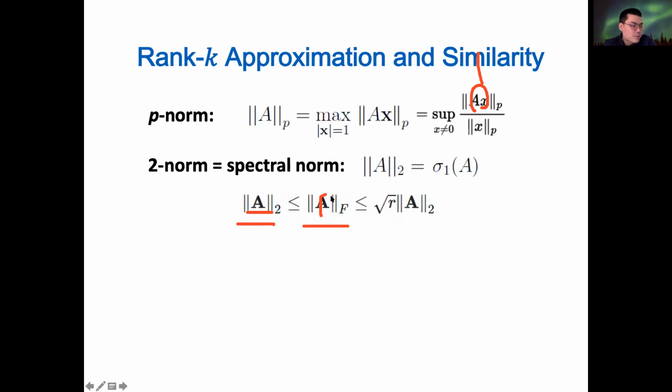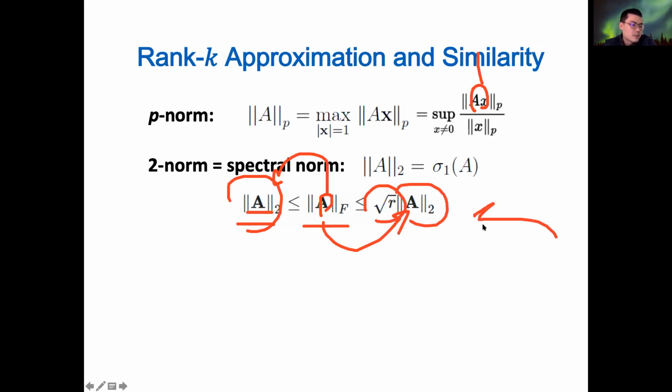But the Frobenius norm covers all the rows and all the columns, all elements squared. So this is going to be much larger. But the Frobenius norm cannot be infinitely large. It's bounded by the 2 norm times the square root of something. We can prove this, but you can just remember the relationship here.